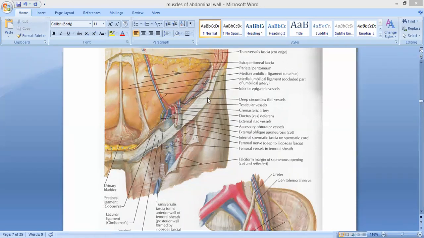If you have a look at its shape, its lateral half is rounded and oblique, you can see, right? Its lateral half is rounded because I told you that the external oblique is rolled on itself.